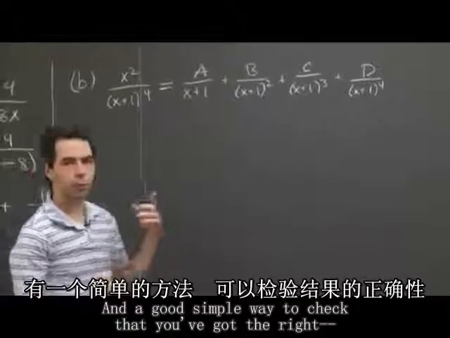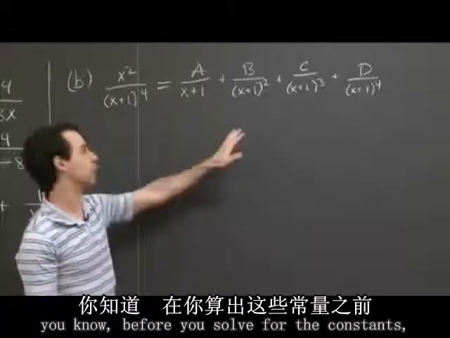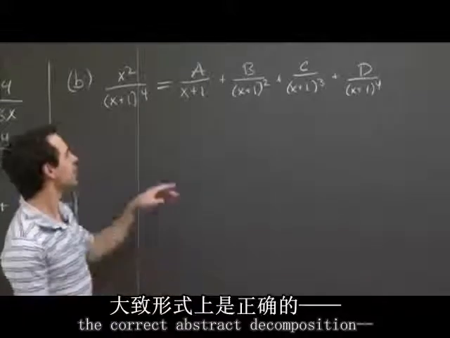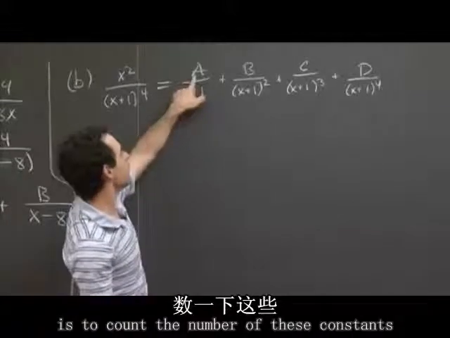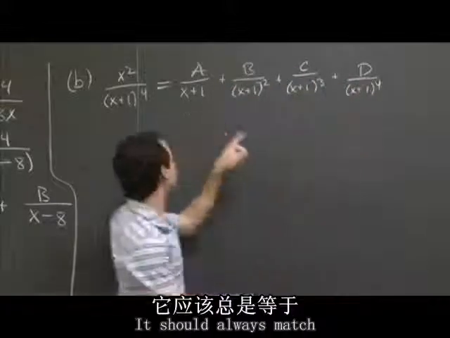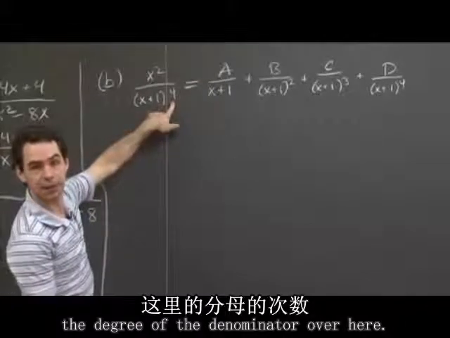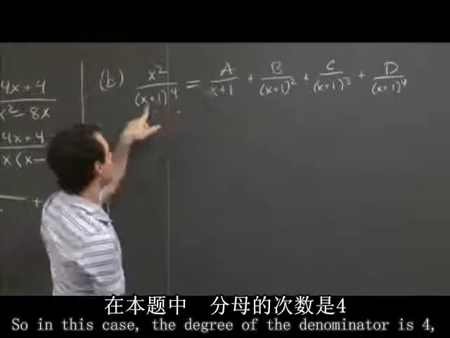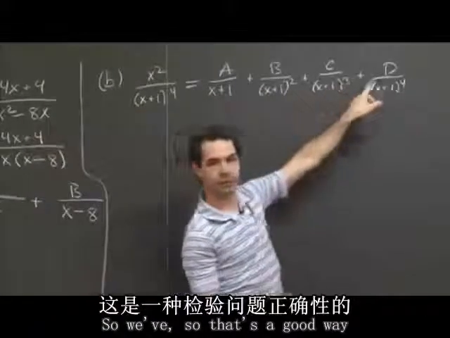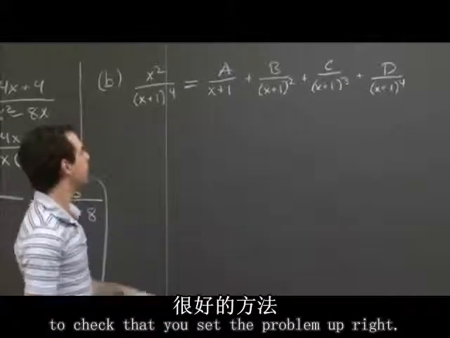And a good simple way to check that you've got the right abstract decomposition, before you solve for the constants, is to count the number of these constants that you're looking for. It should always match the degree of the denominator over here. So in this case, the degree of the denominator is 4, and there are 4 constants. So that's a good way to check that you've set the problem up right.